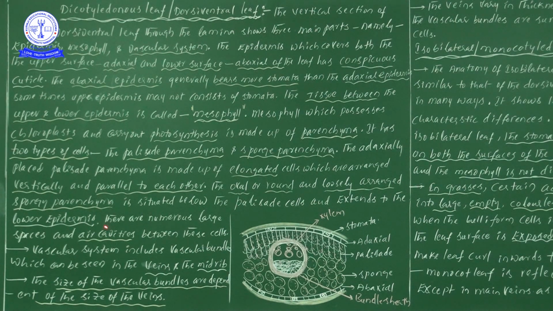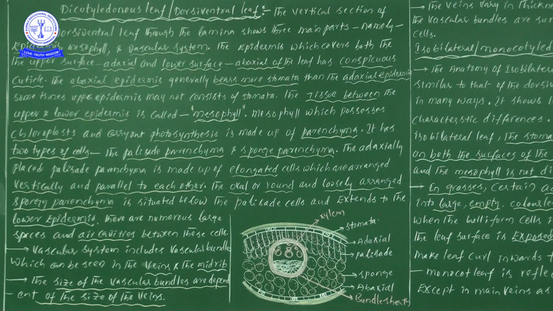Next, there are numerous large spaces and air cavities between these cells. Here there is a gap where we did not draw any cell, and these cavities we can find nearer to the stomata.